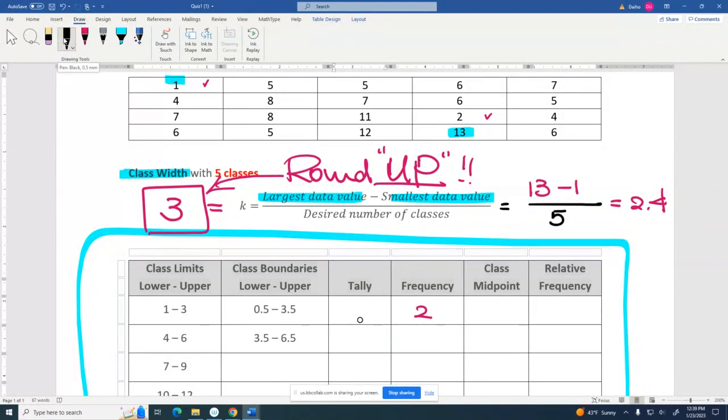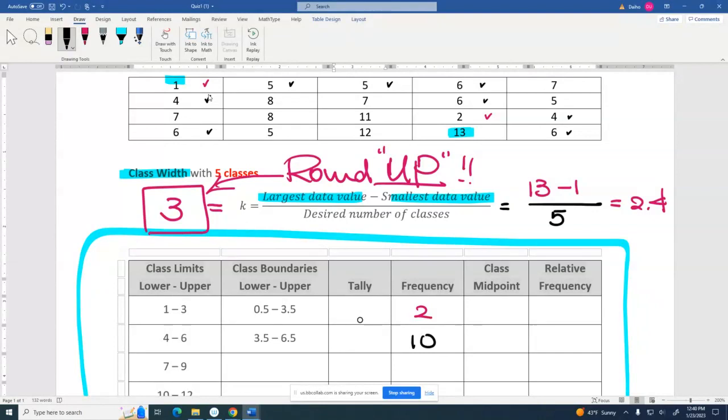And how about the 4, 5, 6? 1, 2, 3, 4, 5, 6, 7, 8, 9, 10. 10? 10, thank you.